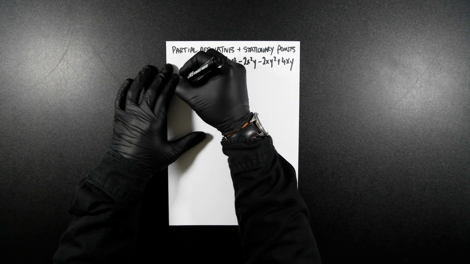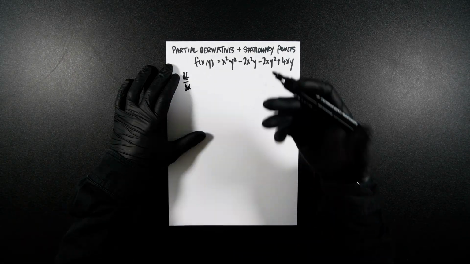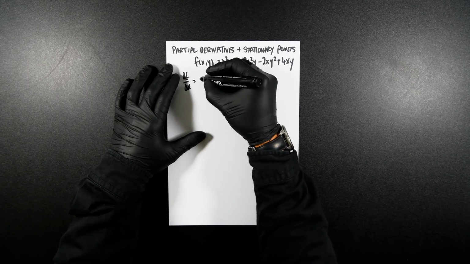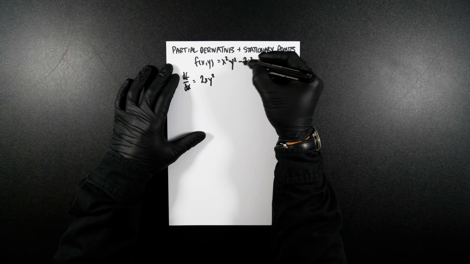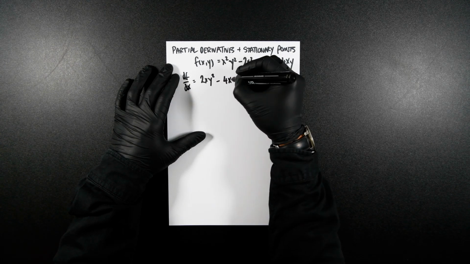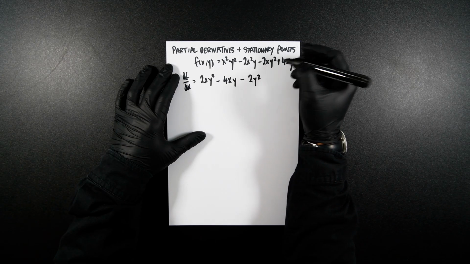Whenever you're doing partial derivatives, the terms that you're not differentiating, you hold them as constants. So for this one, we're just going to differentiate the x term. So that's going to be 2xy squared minus 4xy minus 2y squared. So the x is being differentiated.